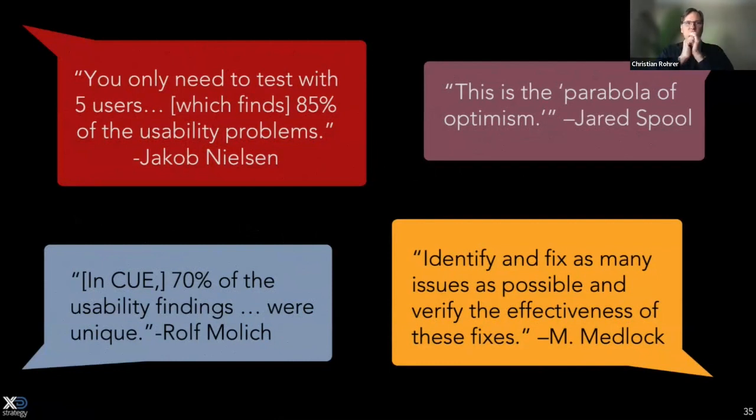Rolf Molich, another one of Nielsen's colleagues from the old days, did a famous study where they had many different teams do the same usability study and had totally different findings. And so he was like, this methodology is bunk. What are we doing? What's wrong with us? And I think these 3 perspectives were all positively intended, but they were kind of missing the point of what most of our studies are about. Until about 2002, when Medlock and all of his colleagues at Microsoft came out with the right method paper.